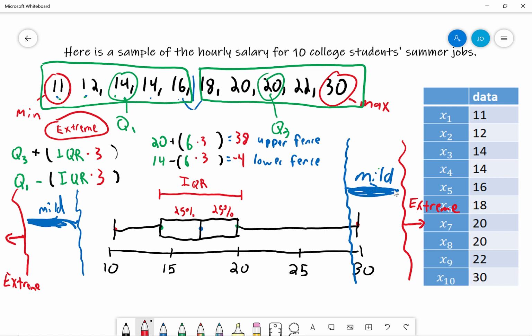Now again, we didn't really see where that 1.5 and that 3 came from. Right now, these just seem like mystery values, the 3 and the mild outlier calculation that used the 1.5. Statisticians have deemed these values to be close enough to get a sense of observations that are far away from the rest of your data.